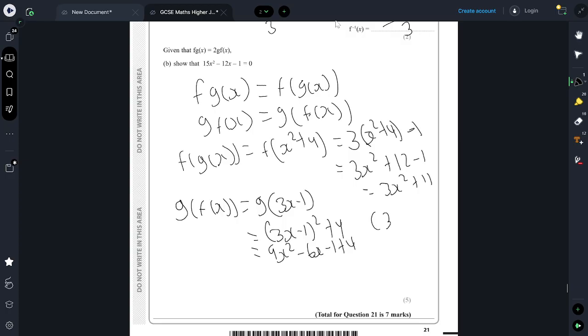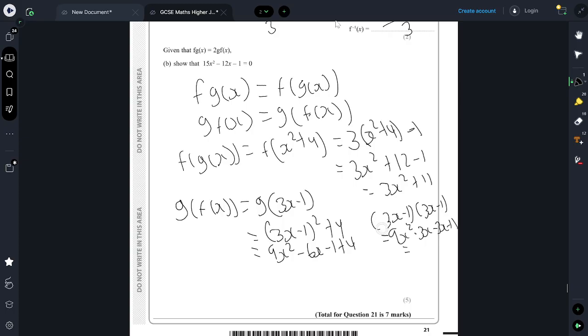Again, if you're unsure of the brackets, be careful. Do it like this. If you're squaring a bracket, it's the same as repeating and multiplying by itself. That's what that means. And then do the FOIL method or whatever method you prefer. So that'd be 9x squared minus 3x minus another 3x plus 1, which goes to 9x squared minus 6x plus 1, which we've got here.